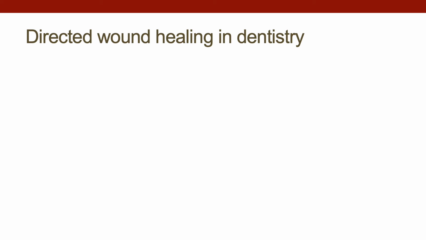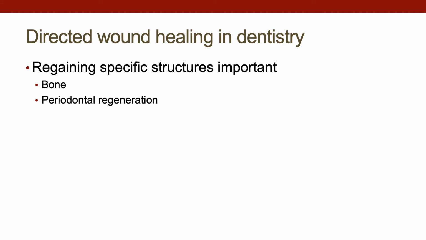Directed wound healing is a key thing in dentistry. And that's because regaining specific structures is important. You want to have bone grow back where there's bone, and in the periodontium, you want to have the tissues grow back in their right place.